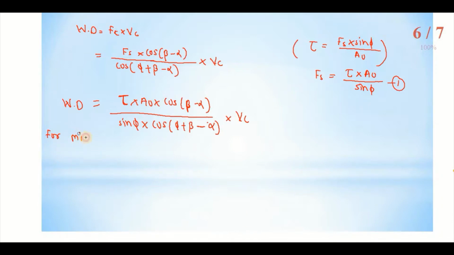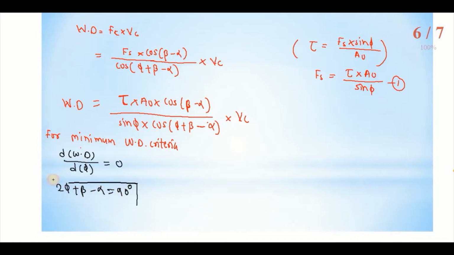So for the minimum work done criteria, if you differentiate this work done with respect to the shear plane angle and equate it to 0, then we get the equation 2 phi plus beta minus alpha equal to 90 degrees, which is called the optimal shear angle relation.